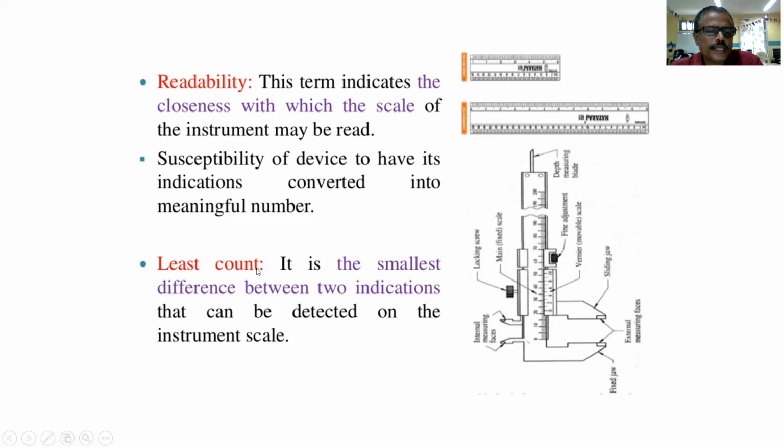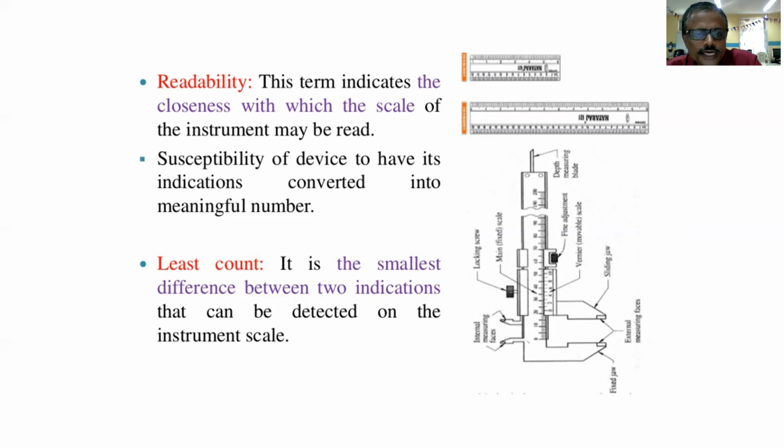Least count. Least count is the least measurable distance. For example, what is the least count of the watch? Our ordinary watch. The minimum time we can measure from our watch is 1 second. So the least count of our watch is 1 second.